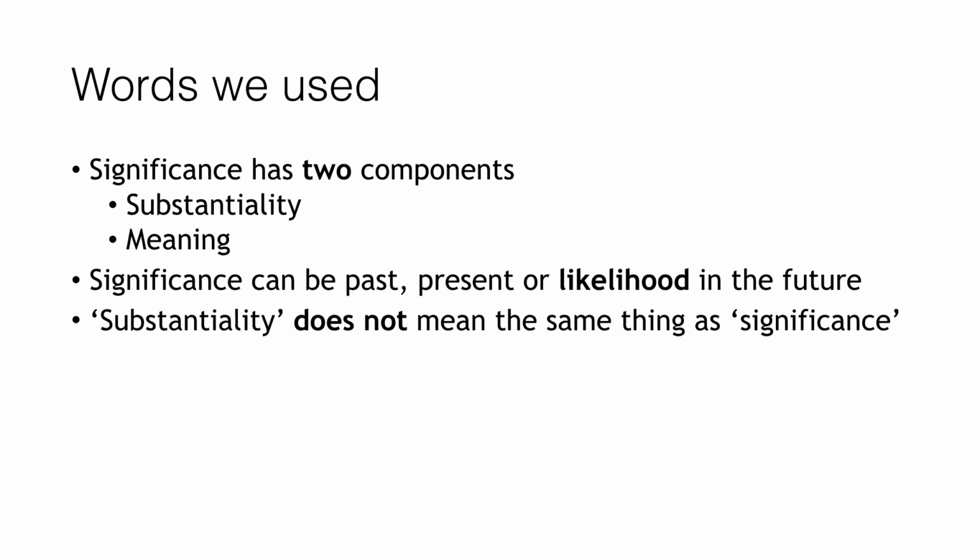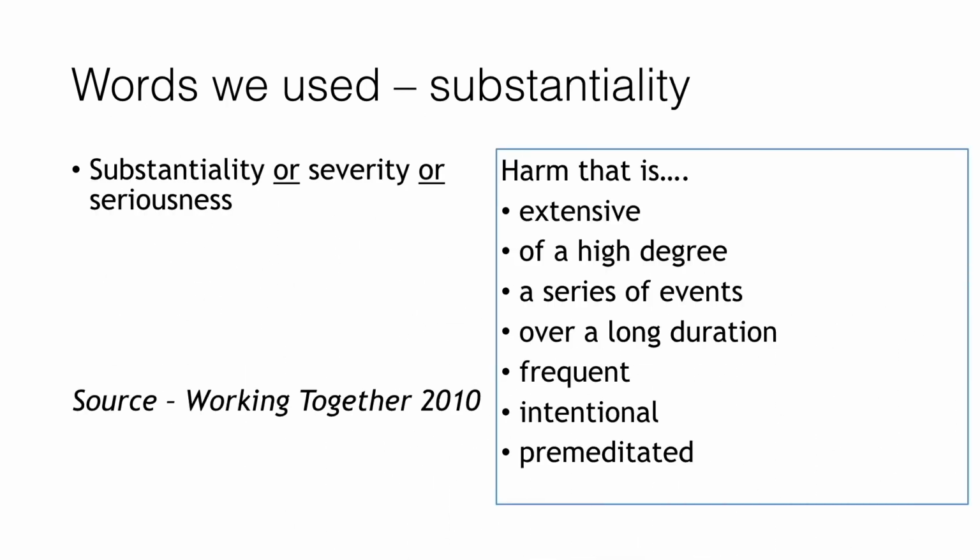When we talk about significance, it is not just past, present, it can also be the likelihood of significant harm in the future. First of the two components of significance is substantiality. From working together, a list of indicators: intentional, bizarre, coercion, sadism, premeditation, extensiveness of harm, etc.